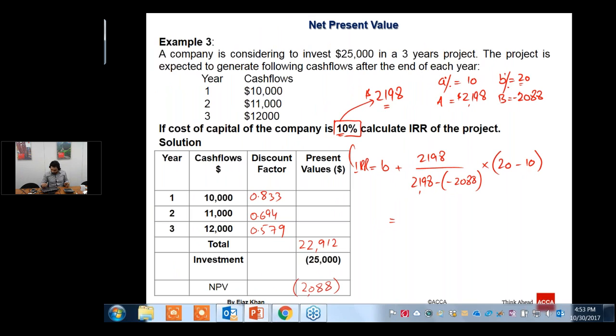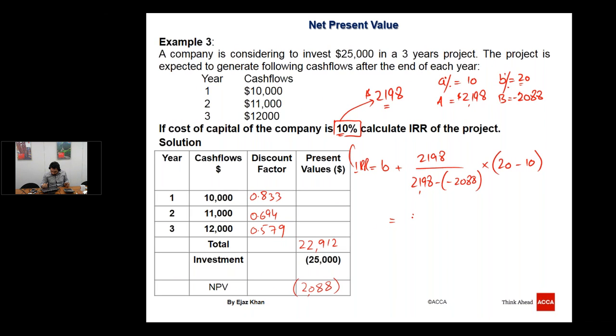It's 15% approximately. Okay, good. I hope the concept of IRR is now clear. Yes, it's around 15%.